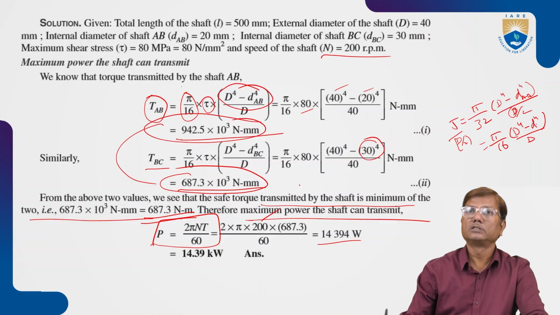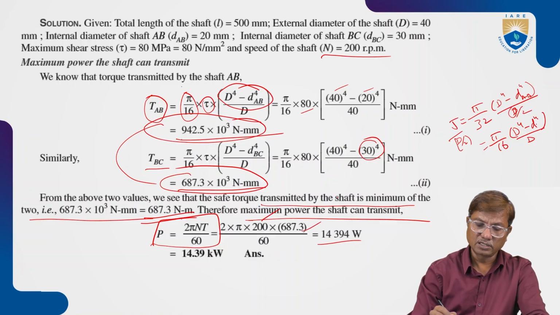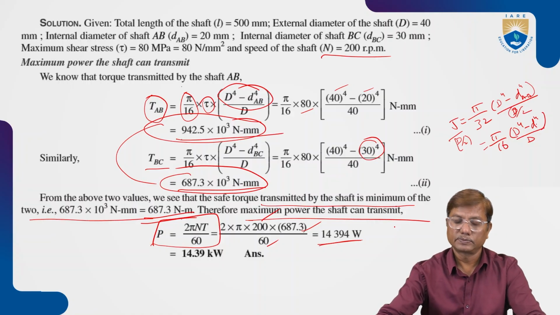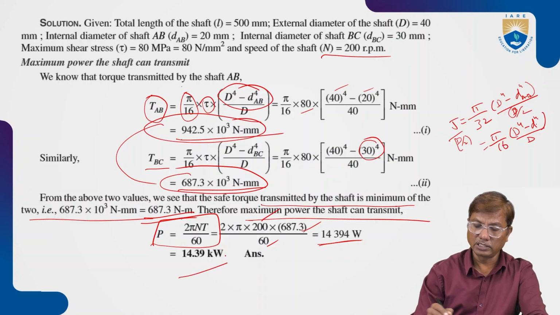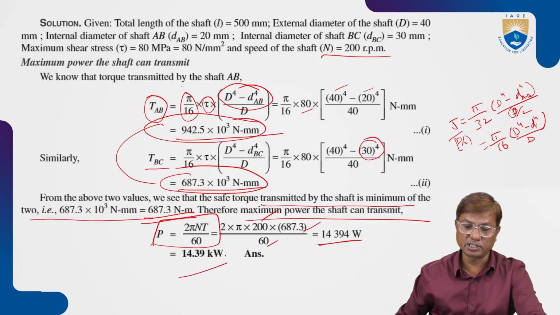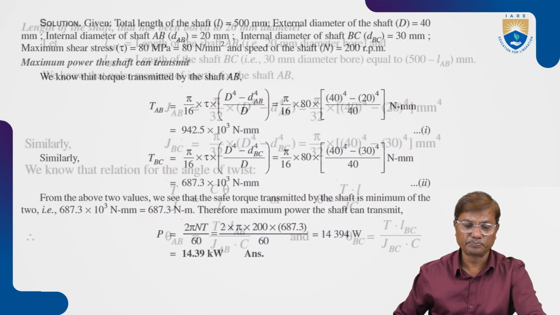N is speed in RPM and T is the torque we have calculated. So it gives 14394 watts or 14.39 kilowatts. The power transmitted by the shaft is 14.39 kilowatts.